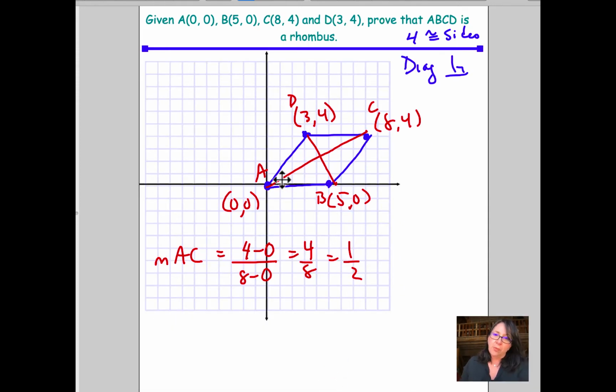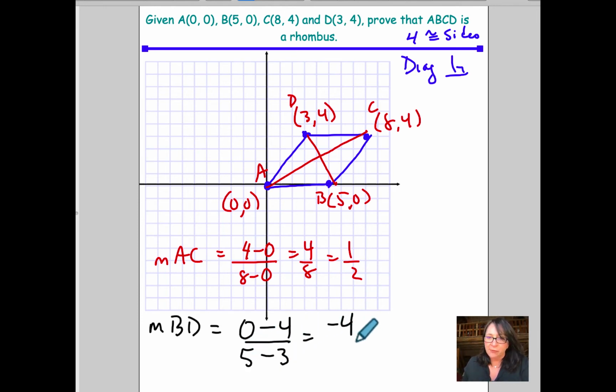So the slope of AC is equal to 1/2. Now I need to find the slope of BD. Again, I'm going to take my y's and subtract. So 0 minus 4 over 5 minus 3. I'm going to get negative 4 over 2, and that becomes negative 2 over 1.